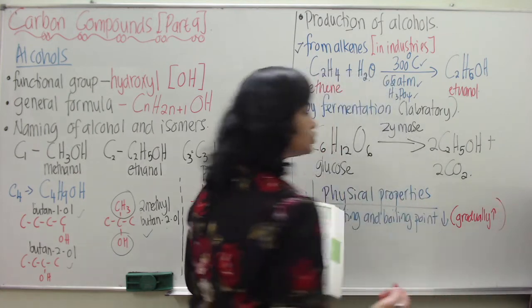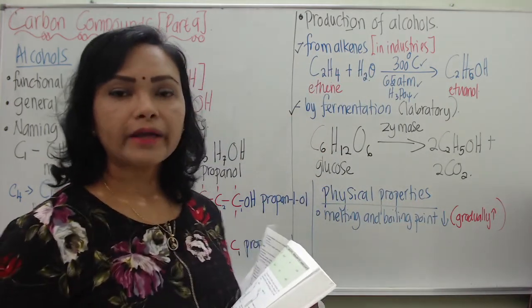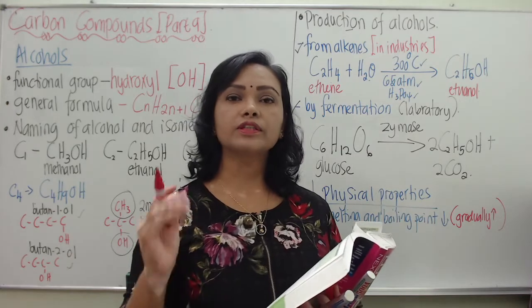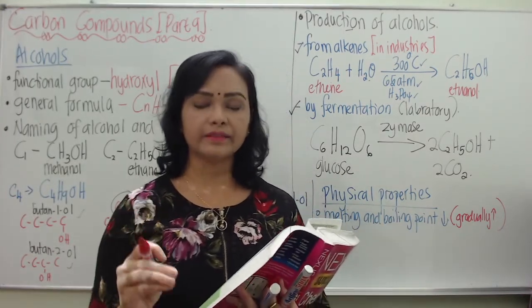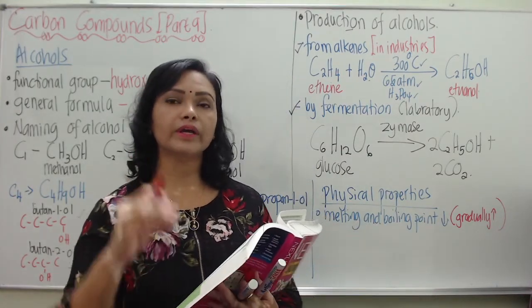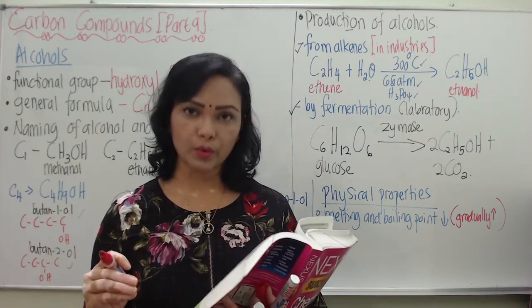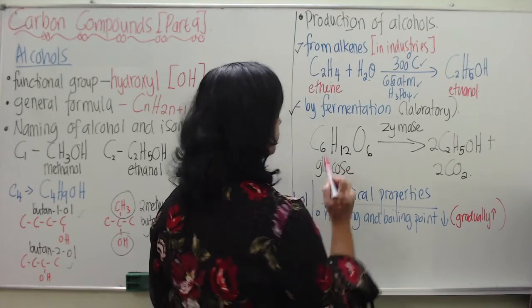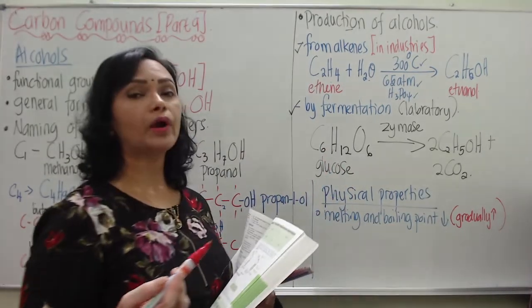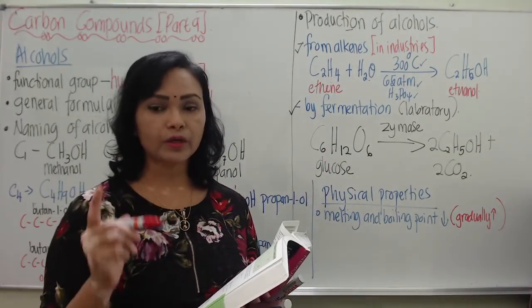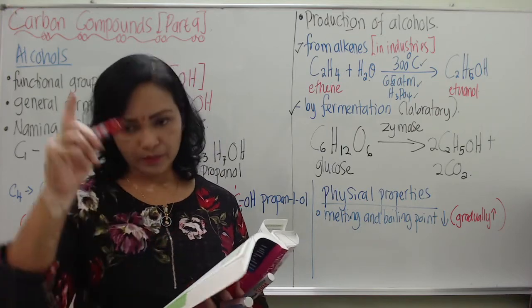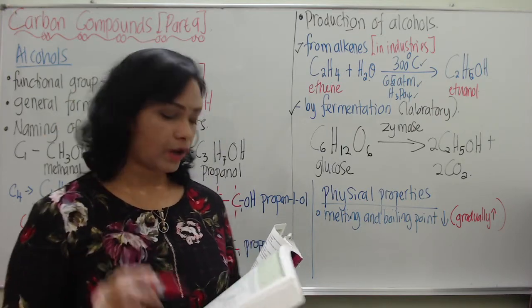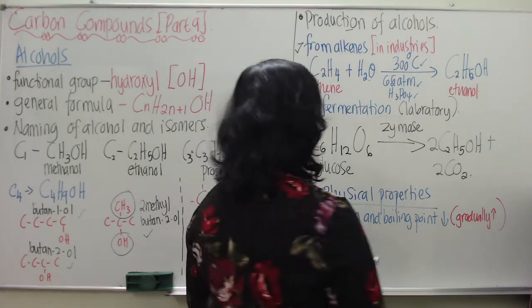Why does it gradually increase? Because the number of carbon atoms increases going down the alcohol homologous series. That is the reason why the relatively low melting and boiling point increases going down the family members.